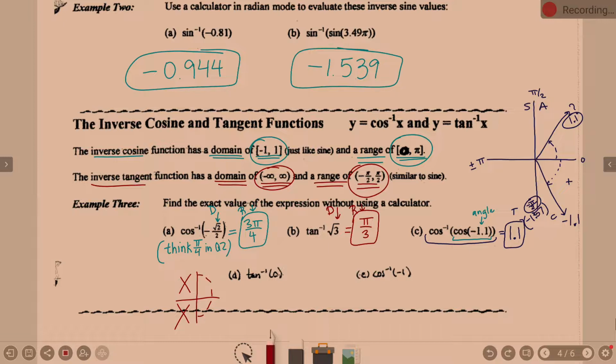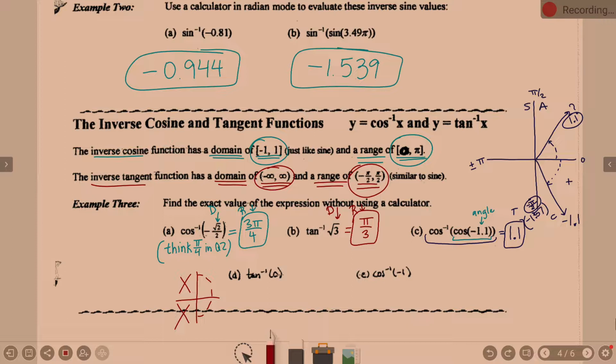Now, when does tangent equal 0? Well, what do we know about tangent in terms of these ordered pairs? Cosine is the x value. Sine is the y value. And what's tangent? Do you remember? Y over x.